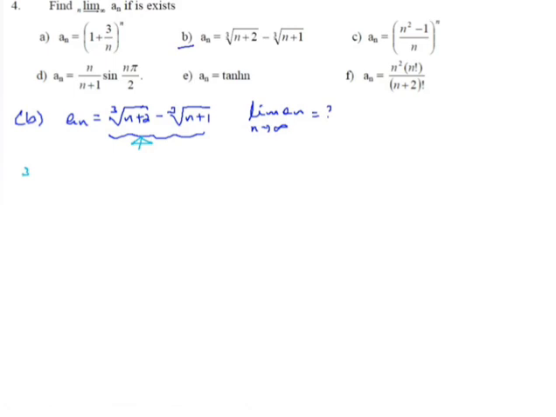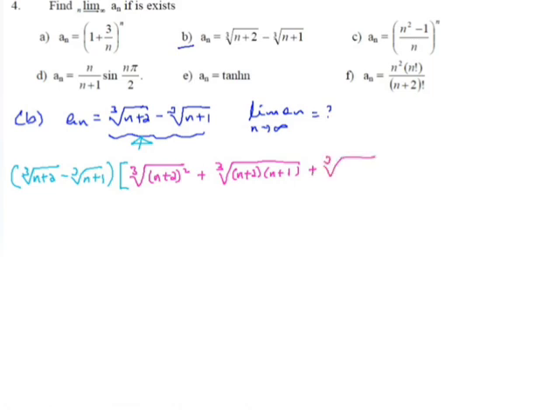So this cube root of n plus 2 minus cube root of n plus 1 can be rationalized by some rationalizing factor. The rationalizing factor here will be, let me use a different color, cube root of n plus 2 the whole squared, plus cube root of n plus 2 times n plus 1, plus cube root of n plus 1 the whole squared.